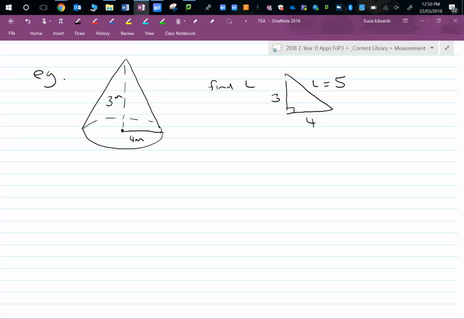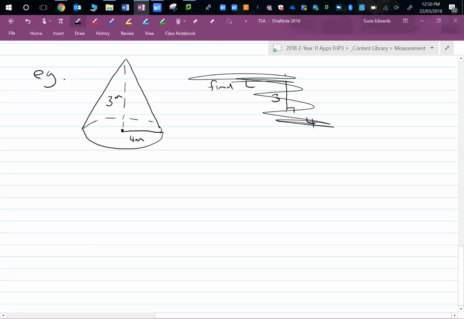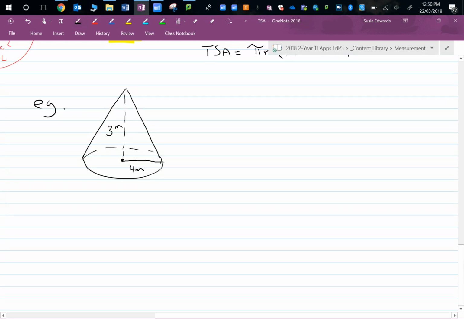Okay, let's have a look at this example here. So we've just been given a cone which is 3 meters tall and 4 meters as a radius. What do we need to be able to find? The slant height. Now we should straight away know what the slant height is. 5, because 3, 4, 5 is one of those Pythagorean triads.